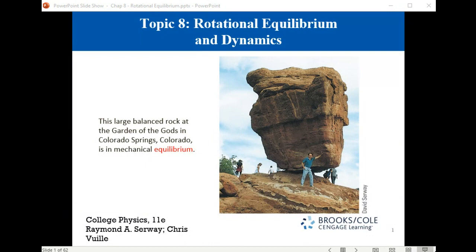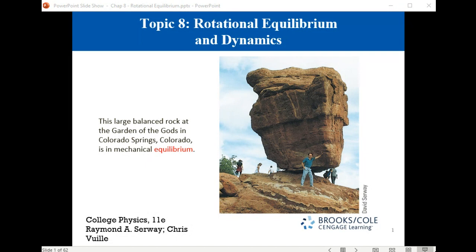Translational motion can be initiated by a force. On the other hand, rotational motion can be initiated by a torque. In this chapter, we are going to learn all about torque, what kind of factors it depends upon, and how it is related to the other variables of the rotational motion.